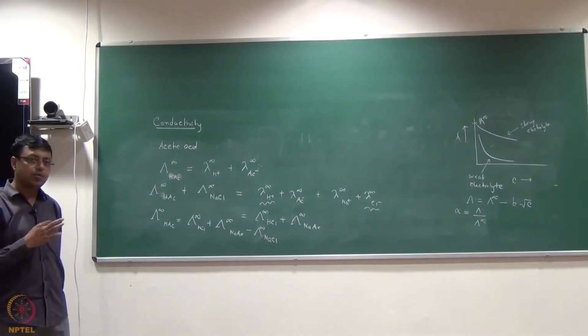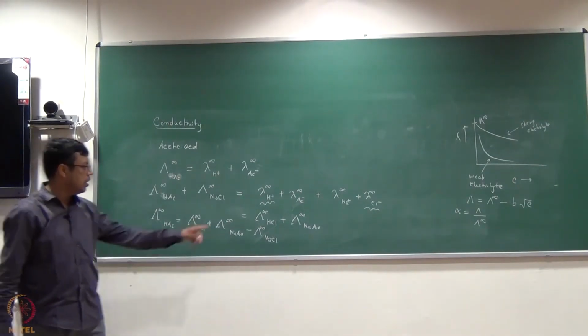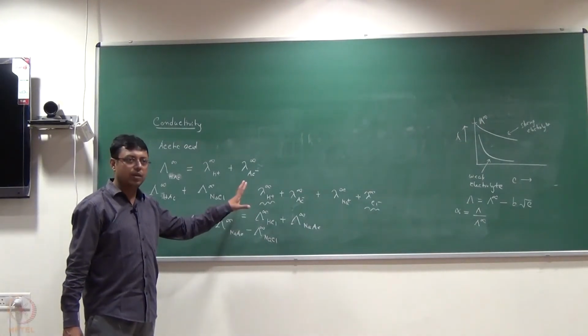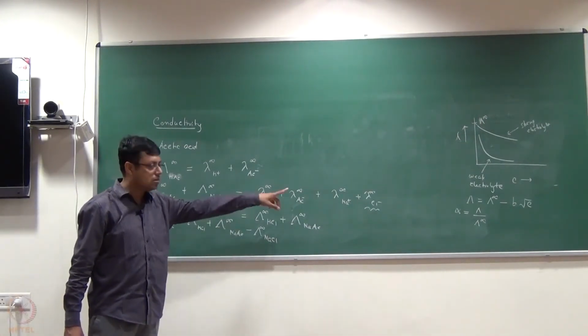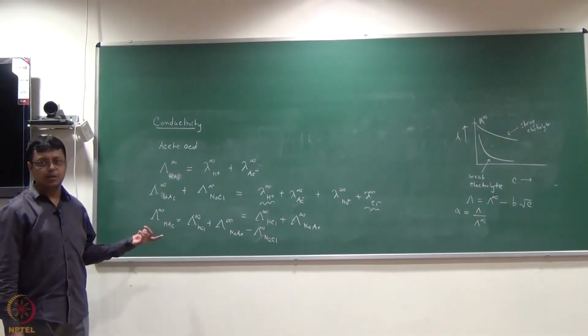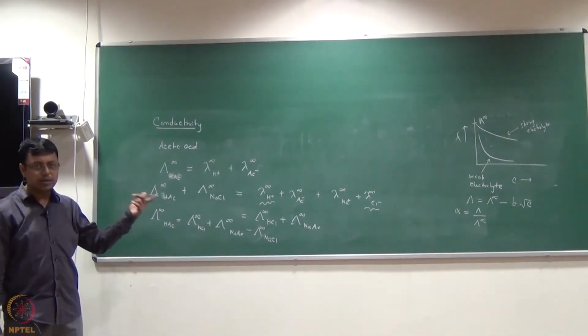But again, this is true only for the 1:1 case. Of course, if it is complicated, we should have actually written nu plus, nu minus, but then we'll have complications because the stoichiometry should match. But this is one of the very interesting ones. I don't need to actually measure the weak electrolyte.